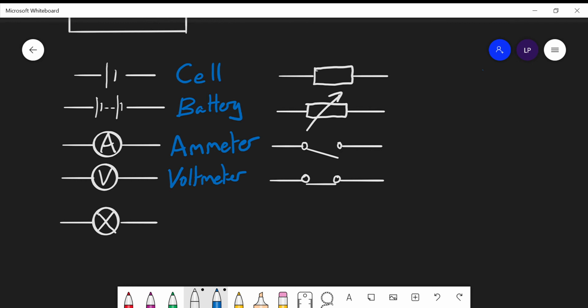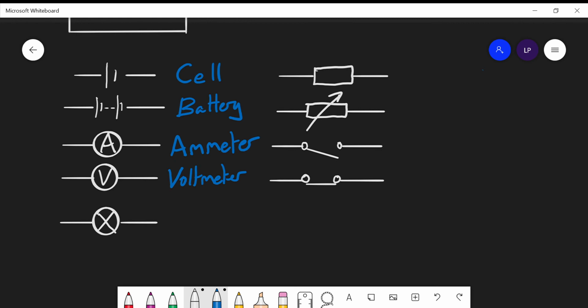This will measure the voltage used by a given component, so it's put in parallel over that component. It measures the voltage before the component and the voltage after the component, and then will display the difference. And so that will be the voltage basically consumed by that component.